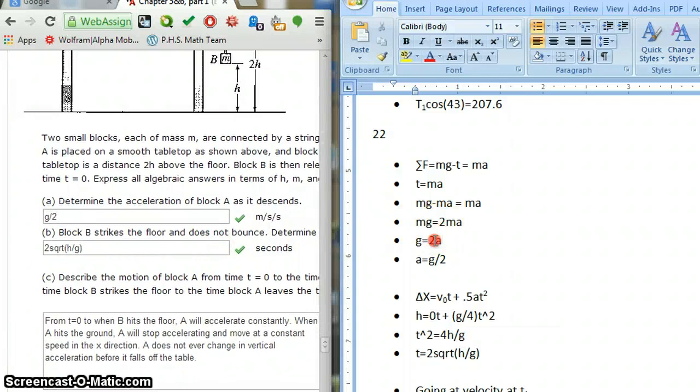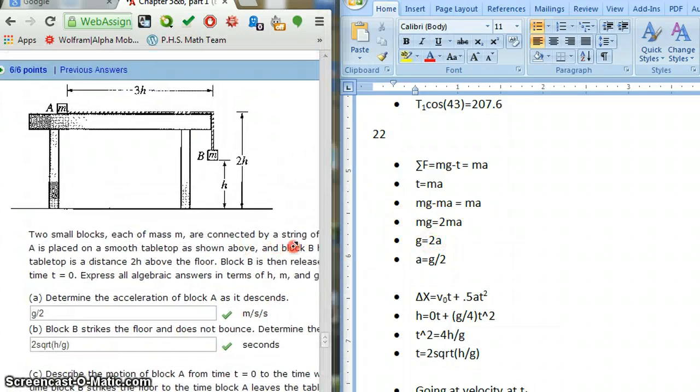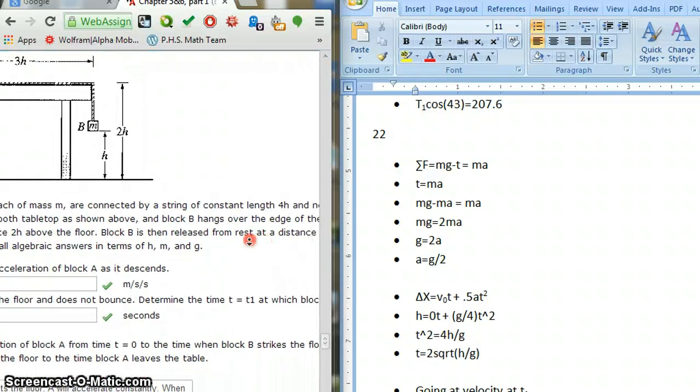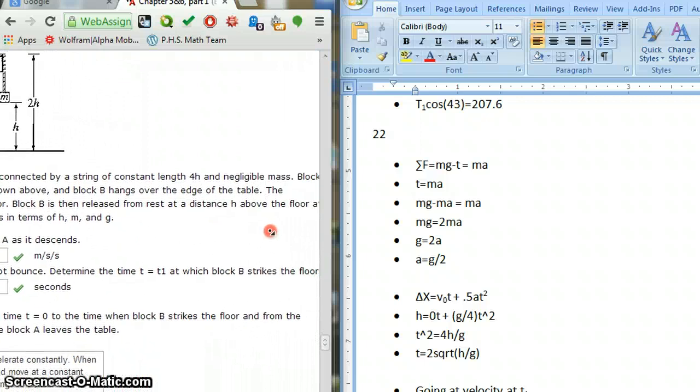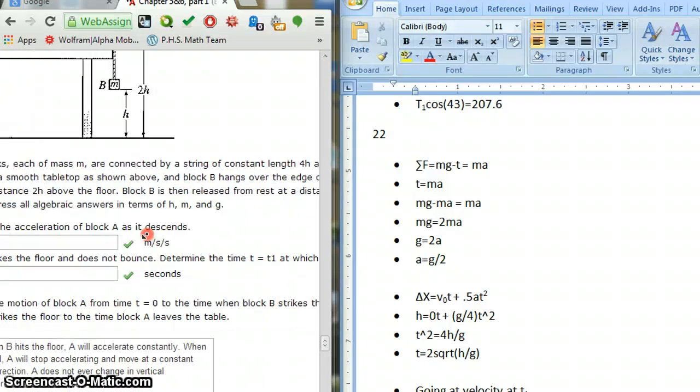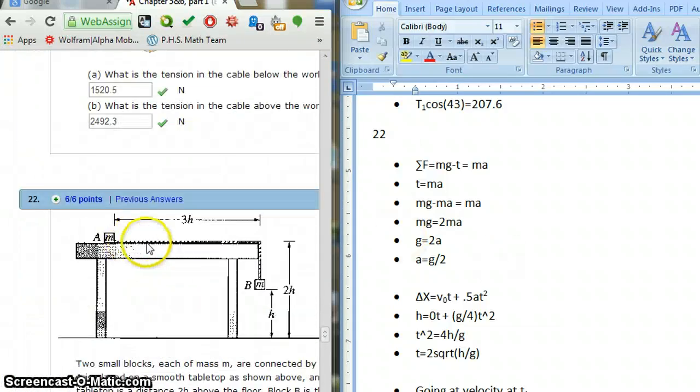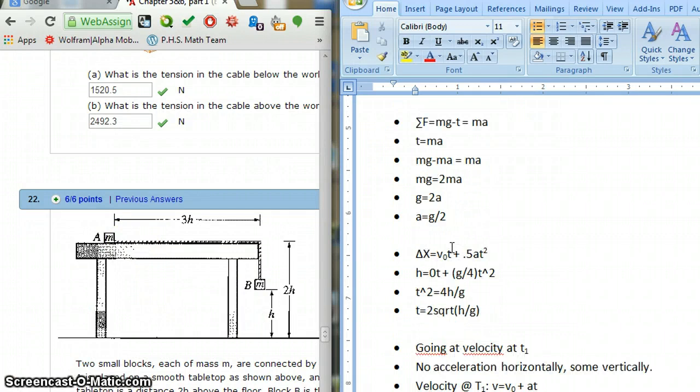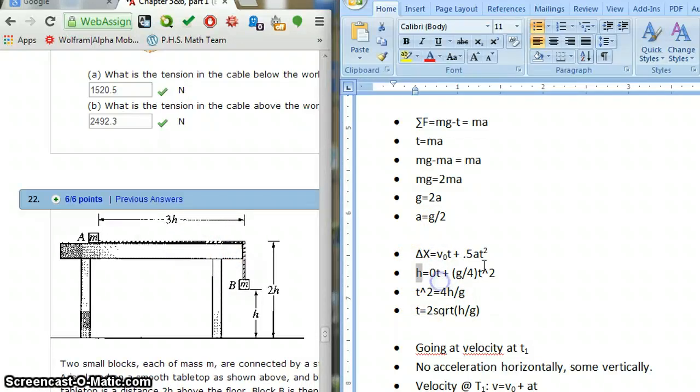For part B, block B strikes the floor and does not bounce. Determine the time t1 at which block B strikes the floor. What you're basically doing here is plugging this into a kinematic equation, now that you know the acceleration, even though you really don't know it. I'm subbing in h for delta x.